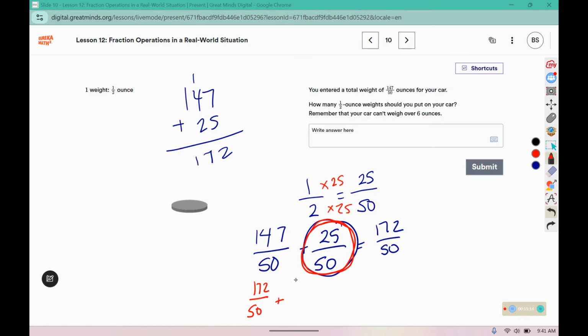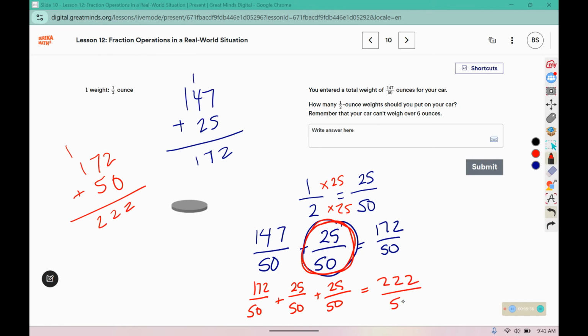That would be 25 over 50 and 25 over 50. That would put me at 172. 25 and 25 are 50. 5 plus 7 is 12. So that's 222. And that would be for 1, 2, 3 weights.